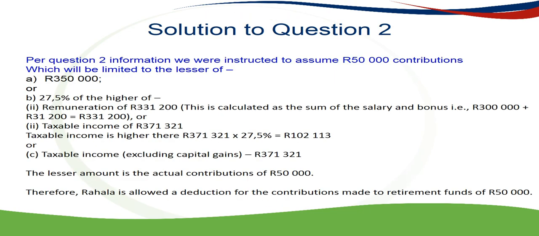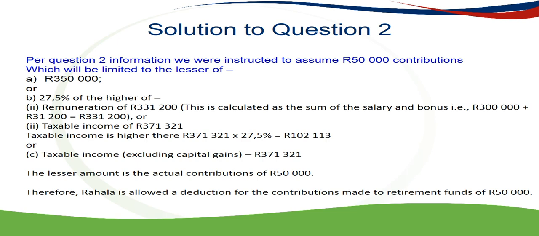Right, let's calculate the solution to question number 2. You start off by using the limitations. It's always the lesser of, number 1, 350,000 Rand, or secondly, you take 27.5% of the higher of remuneration or taxable income. In this case, the higher was taxable income.